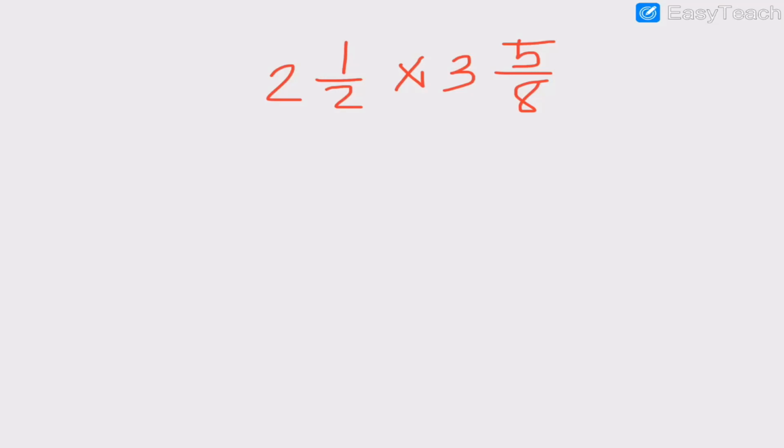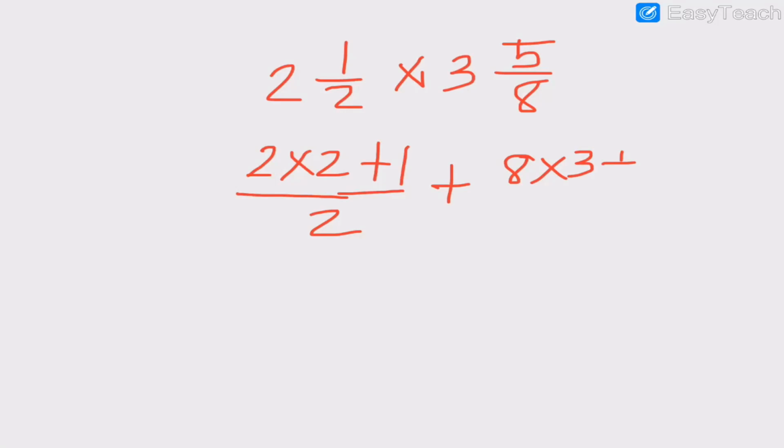First is to convert the mixed fraction into an improper fraction. This is 2 times 2 plus 1 over 2, and 8 times 3 plus 5 over 8.